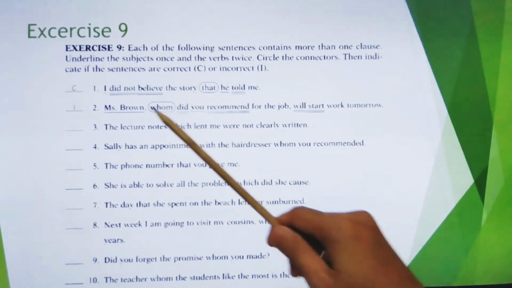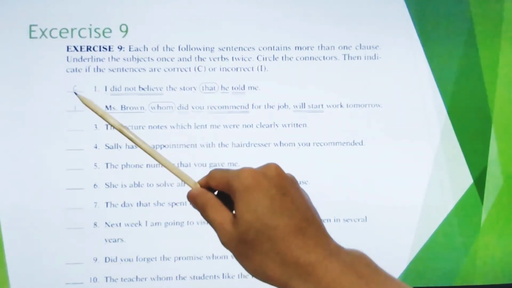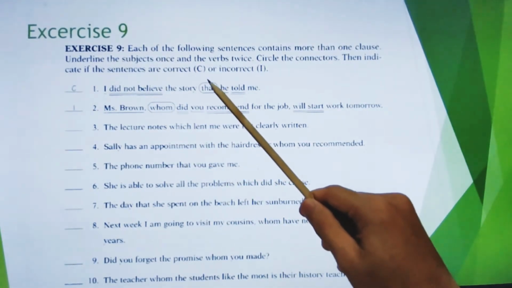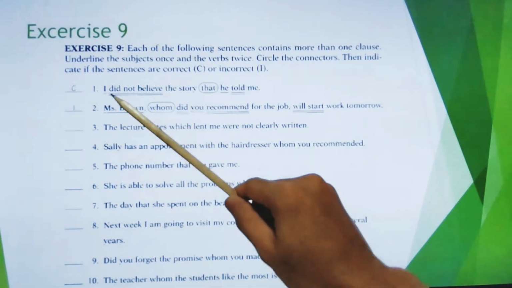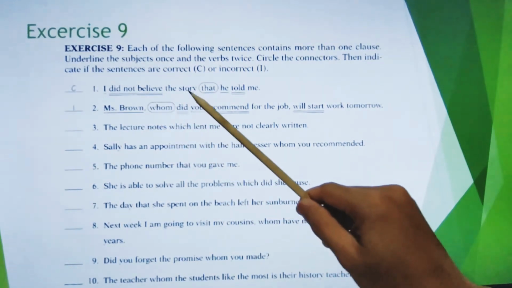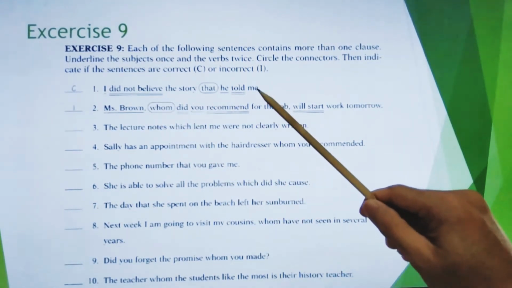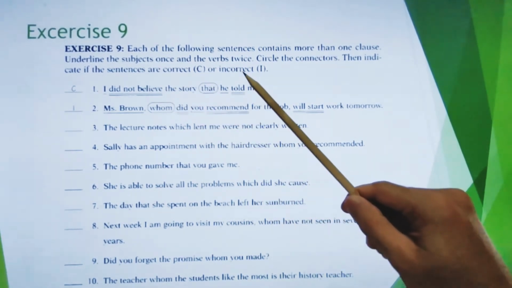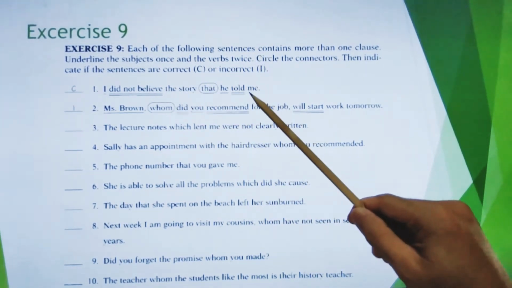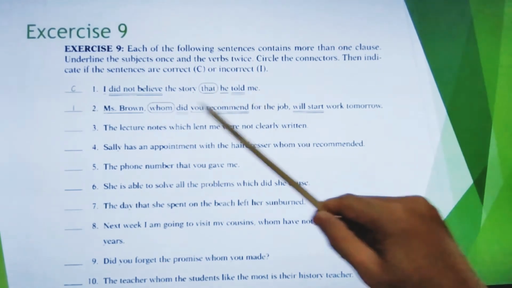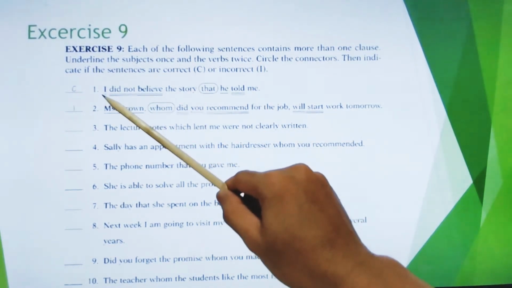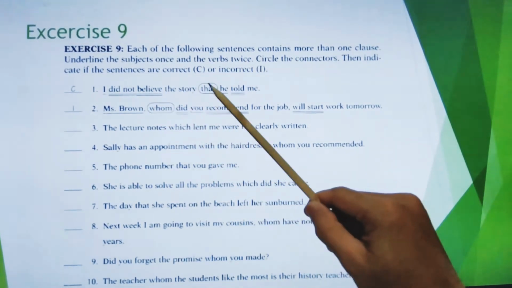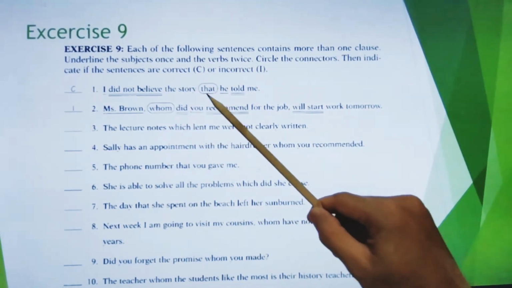We could say that it is correct. As we mentioned before, make a circle for the connector. I didn't believe the story that he told me. Saya tidak mempercayai cerita yang dia katakan kepada saya. This is a subject, this is a verb, this is an object.